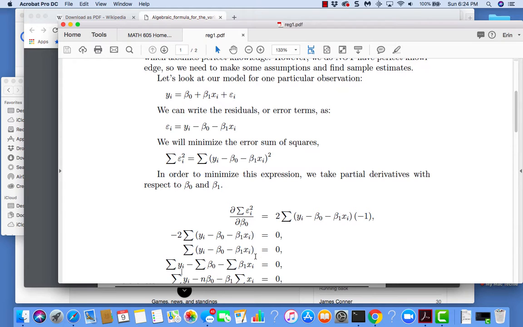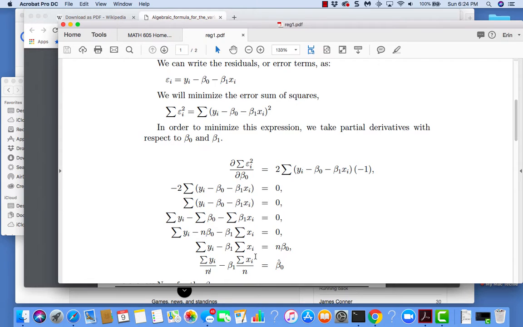So what I'm going to do is push the summation sign through on each piece. So I'll have the summation of the y's minus the summation of the beta zeros minus the summation of the beta 1 times x i equal to 0. So the summation of the y i stay the same.